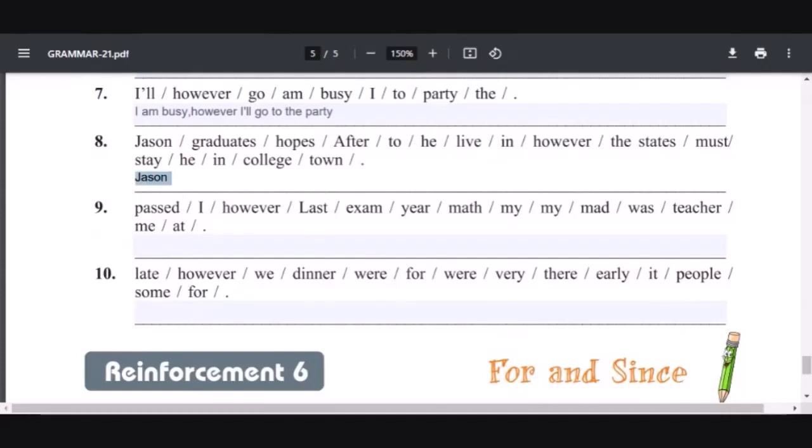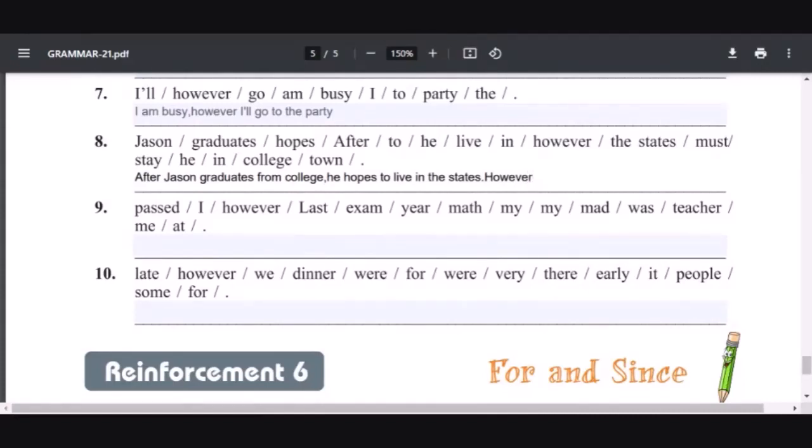Okay, I think it's after Jason graduates from college. Let me see. He hopes to live in the States, right? Yeah. States. He hopes. Then we can put however.